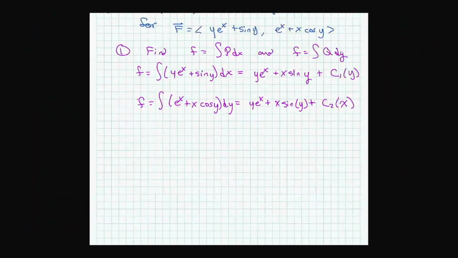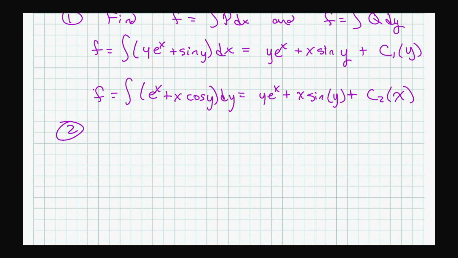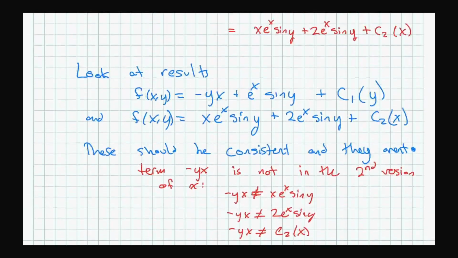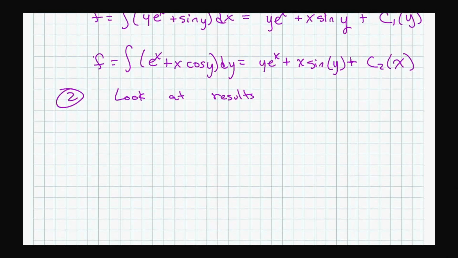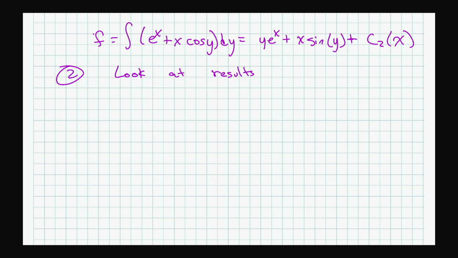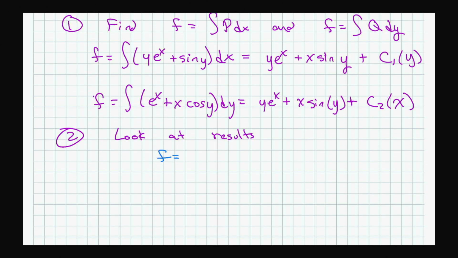Okay, so then what you do is you write these out. How did I refer to it last time? I said, look at the results. So I've got f equals y e to the x plus x sine y plus c1 of y.